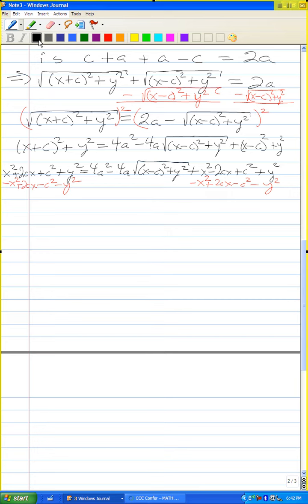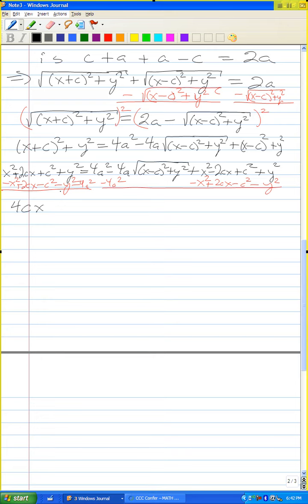Oh, and subtract 4a squared. The a squares cancel. 2cx plus 2cx is 4cx.